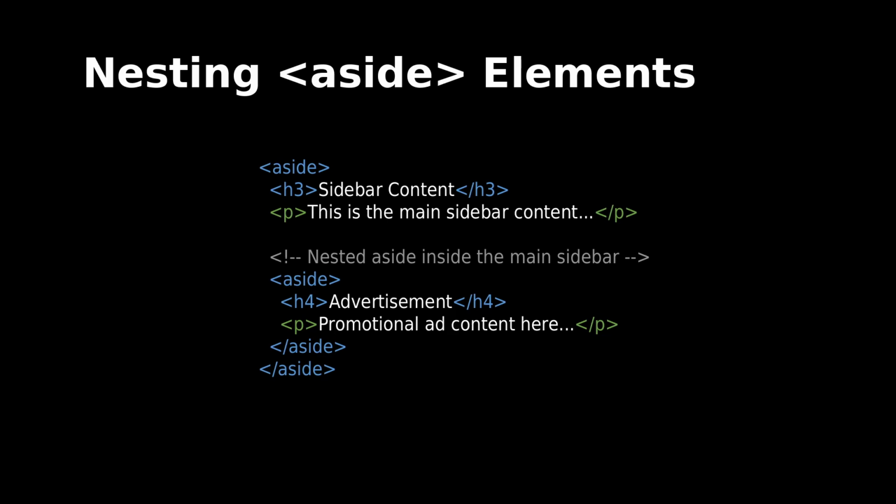The nested aside is used for an advertisement within the sidebar, still related to the sidebar but providing its own supplementary content. While adding the aside element multiple times or nesting the aside element, it is important to consider whether it makes sense semantically and is actually necessary.